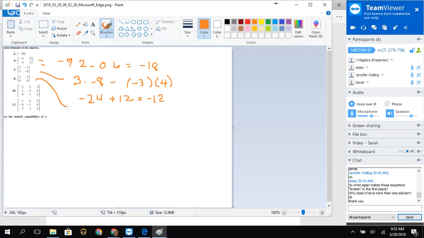What about the determinant of number 8? It would be 4 times 0 minus negative 3 times 0. So the determinant of number 8 would be 0. So I can tell you already that number 8, since it has a determinant of 0, will have no inverse.